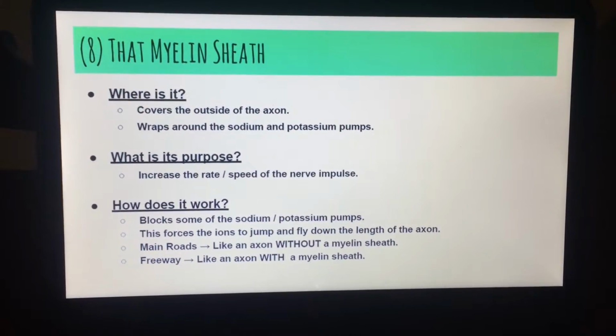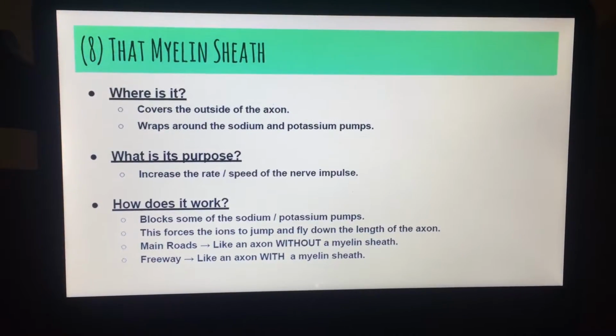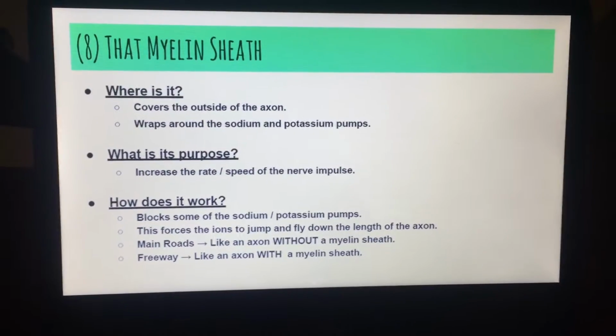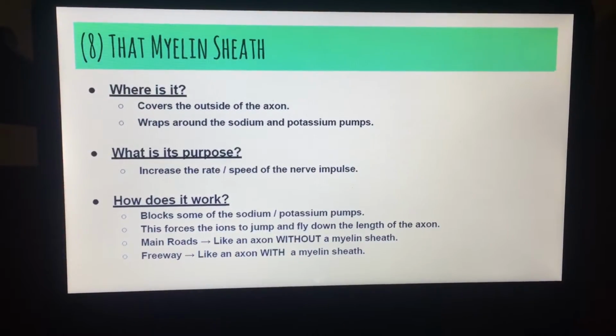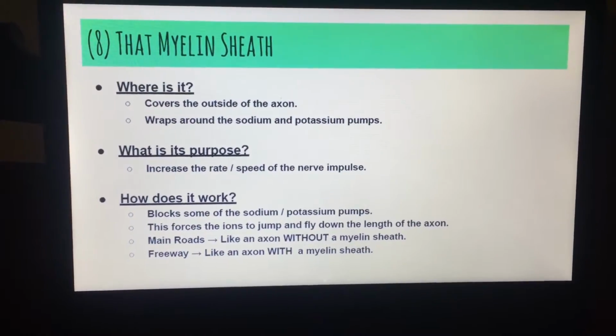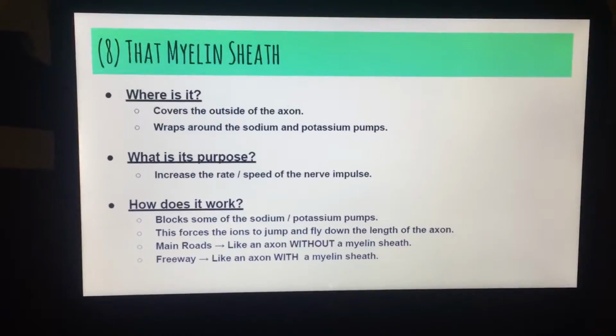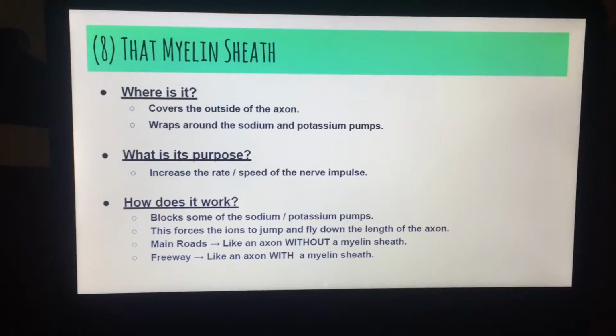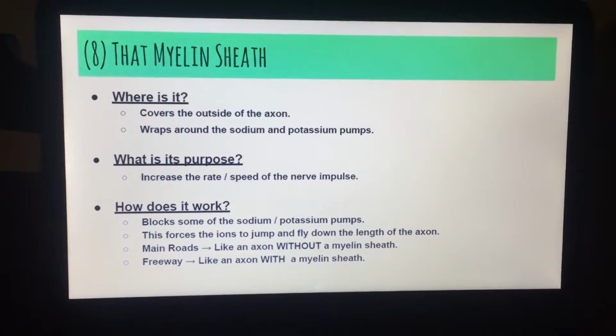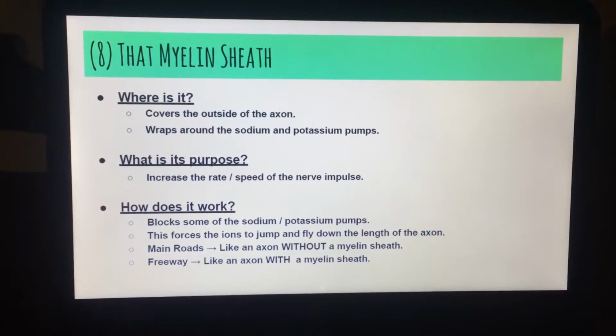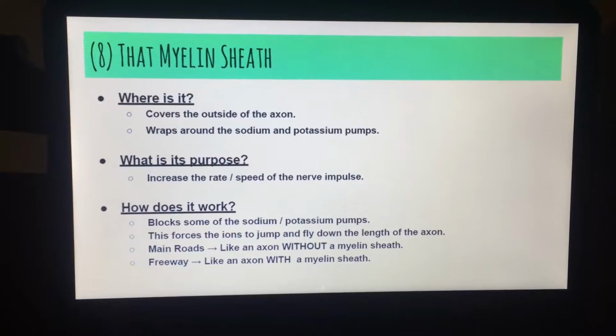Freeways are like neurons in our body that have a myelinated axon, or an axon covered in a myelin sheath. You take the freeway because you are allowed to fly on the on-ramp onto the freeway with your car, and then you can essentially go super fast down one stretch of the freeway until you have to get off on your off-ramp.